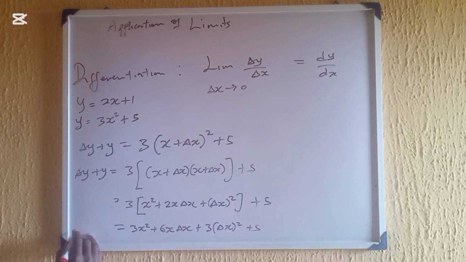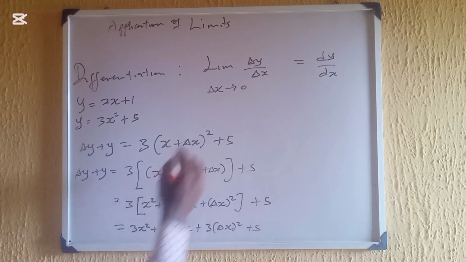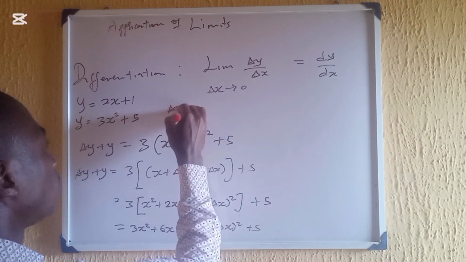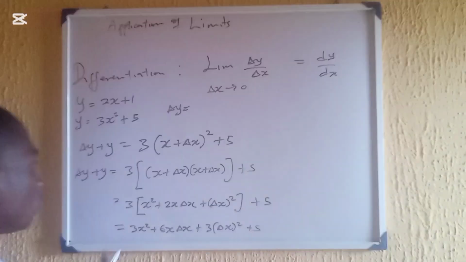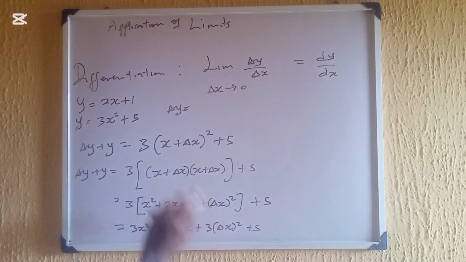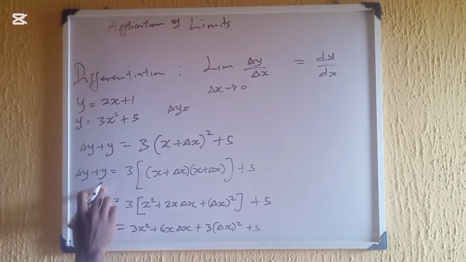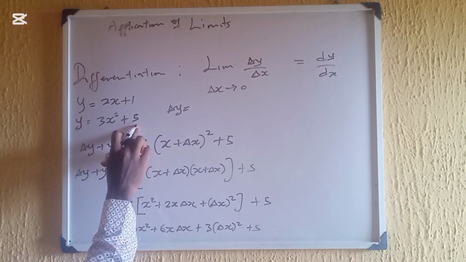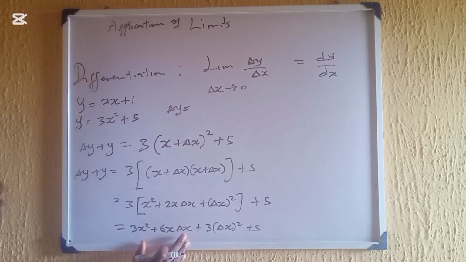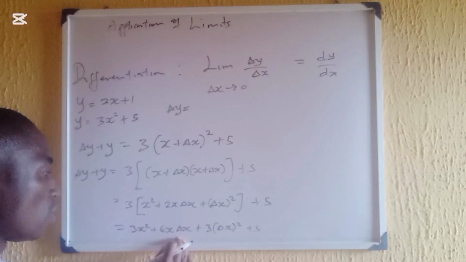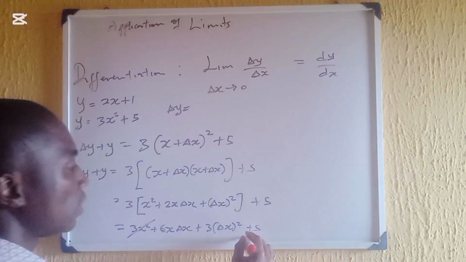Now make change in y the subject. We'll be having that change in y is equal to this minus y. And remember that y is 3x squared plus 5. So we'll be subtracting 3x squared plus 5 from this equation. This is 3x squared and this is 5.